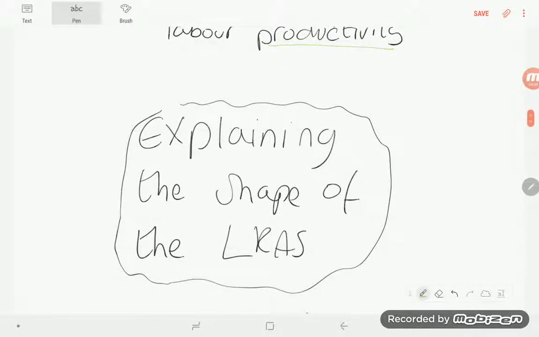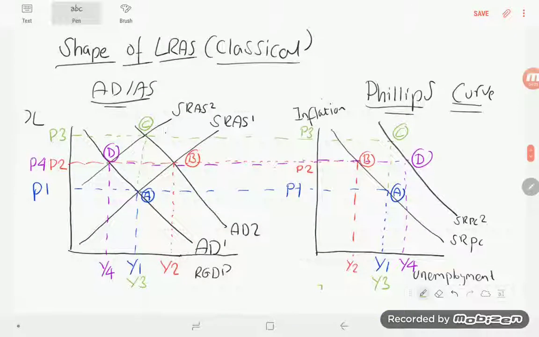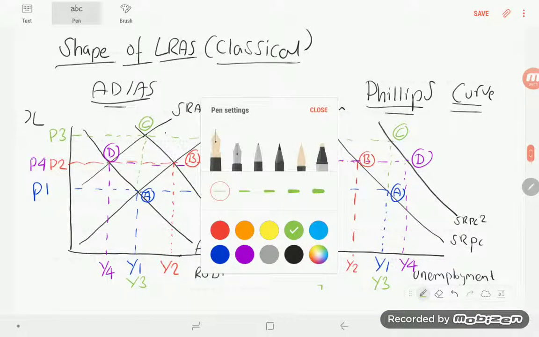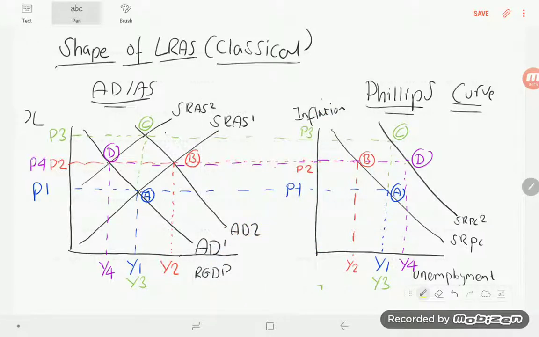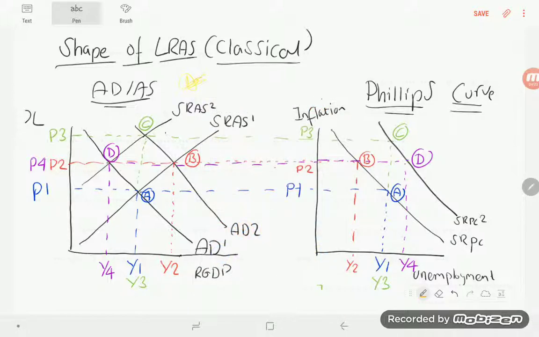So, explaining the shape of the long-run aggregate supply curve. I'm just going to change the colour here. As we've explained in our lessons, it's the AD-AS diagram that determines the Phillips curve.